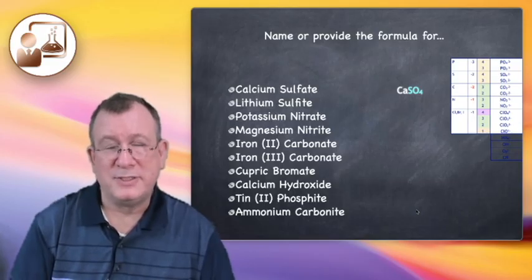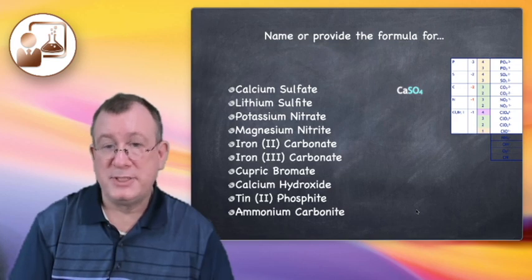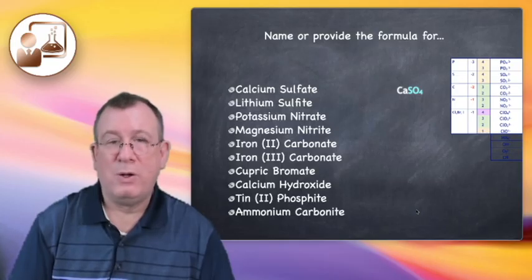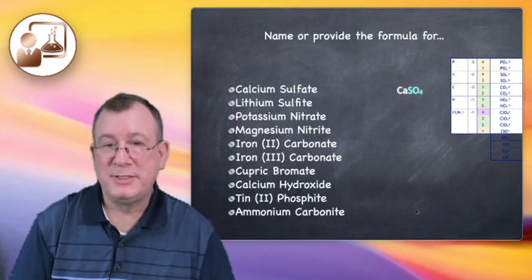Lithium sulfite, sulfite is the smaller one, so that's SO3, still 2 minus because it's still sulfur. And I'm going to stick lithium on it. What's the charge on lithium? 1 plus. Note, 1 plus, 2 minus.